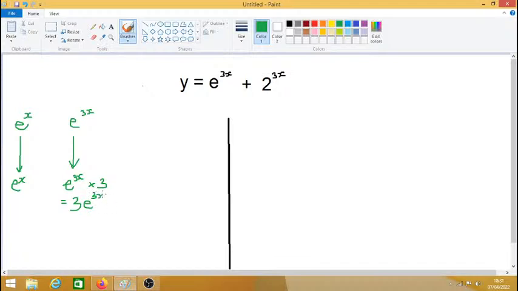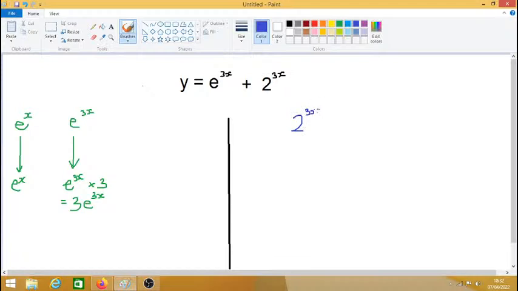And if you understood that, then you'll be able to understand the next one, which is a lot harder, but really it's only those two steps. We're just going to differentiate using basic principles, and then we'll apply the chain rule. So here we've got to differentiate 2 to the power 3x.